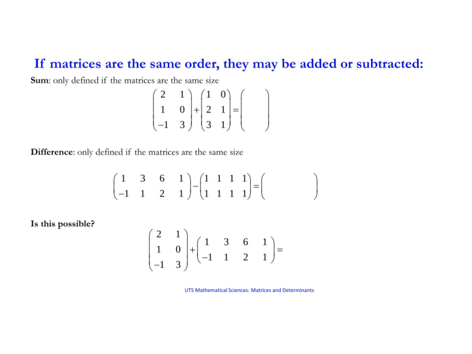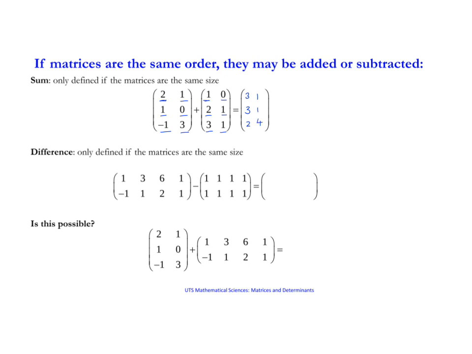So we've got 2 plus 1, which is 3. 1 plus 0, which is 1. 1 plus 2, 3 again. 0 plus 1, which is 1. Minus 1 plus 3, so it's 2. 3 plus 1 is 4.